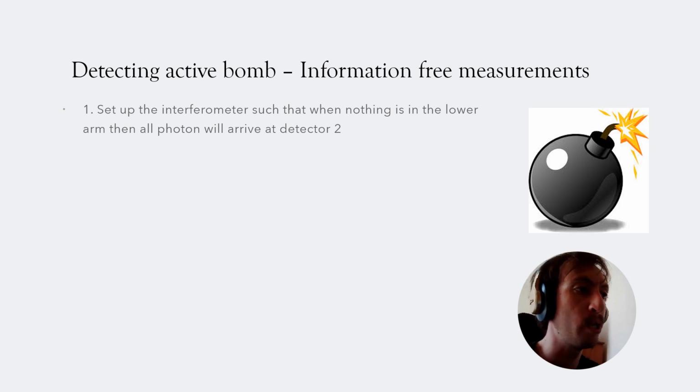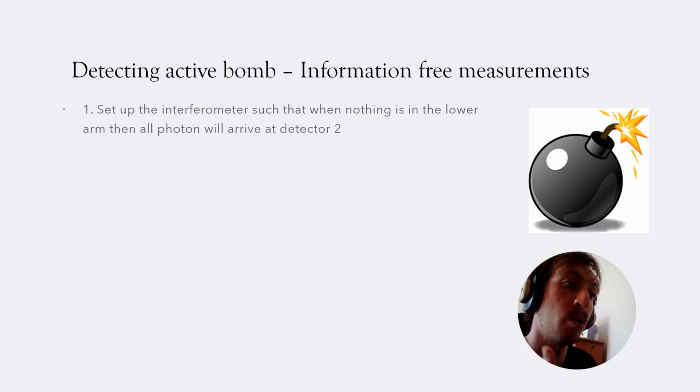So we set up our interferometer and we design all the paths and mirrors such that when there is nothing in the interferometer, no sample, or for now no bomb in it, then when we send a single photon through, we will know for certain, due to destructive interference from different parts of the quantum wave function, that the photon will have to arrive at detector 2.